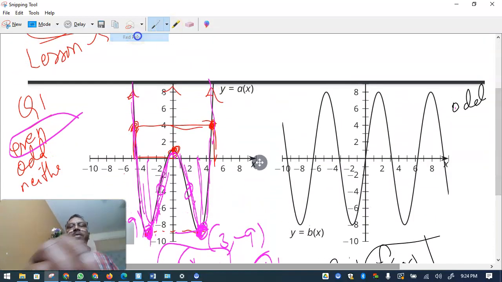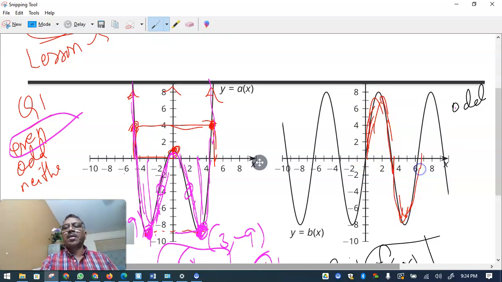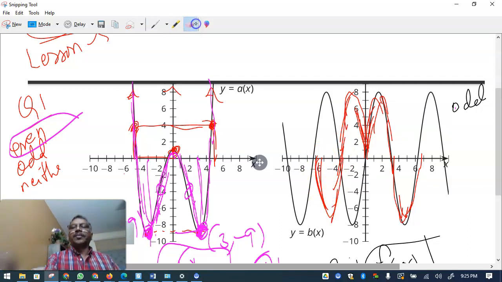Like in this example, watch this. First step is you reflect this graph. I'll just take only this much on the other side. So it will go this way. This graph will reflect over the y-axis, and you get this. See, this is the one. And after that, this black graph that you see, I reflected on the other side, and then again you reflect this graph over the x-axis.